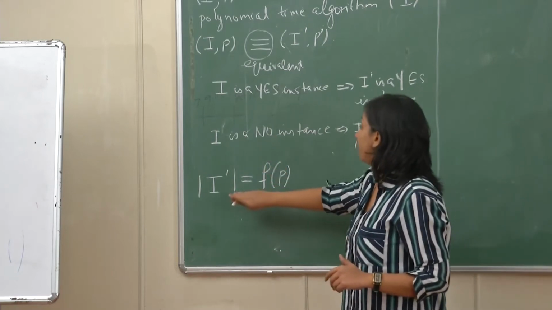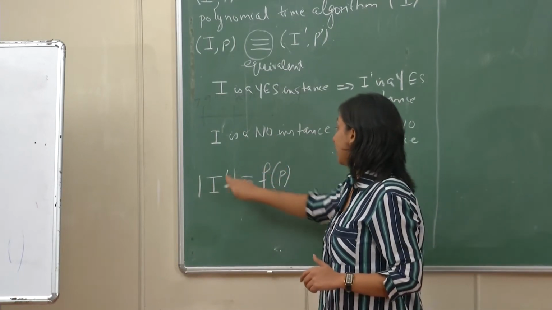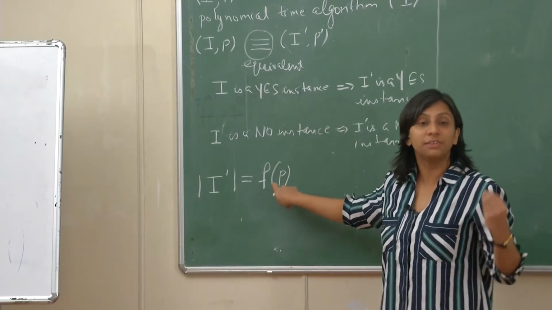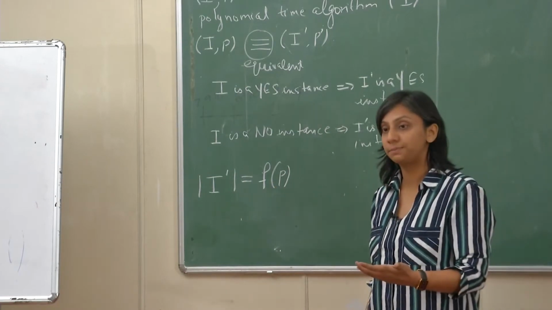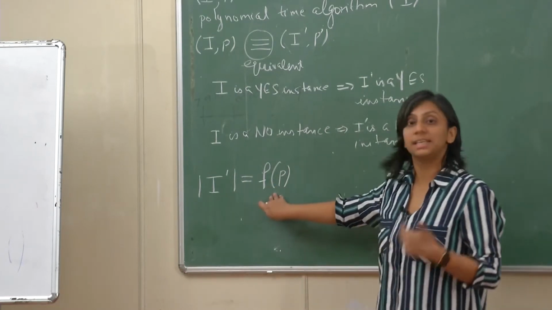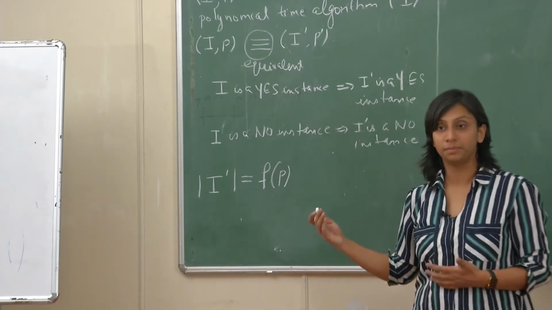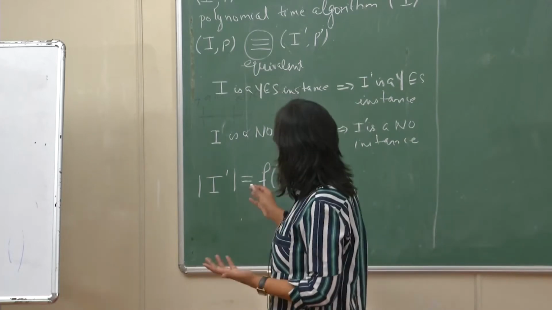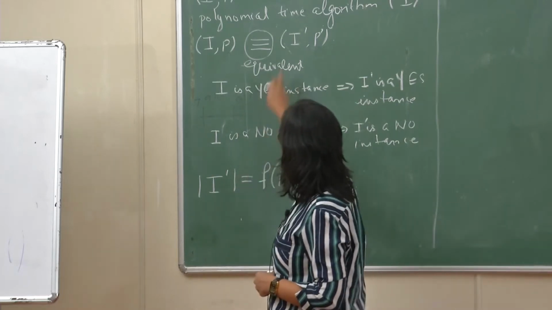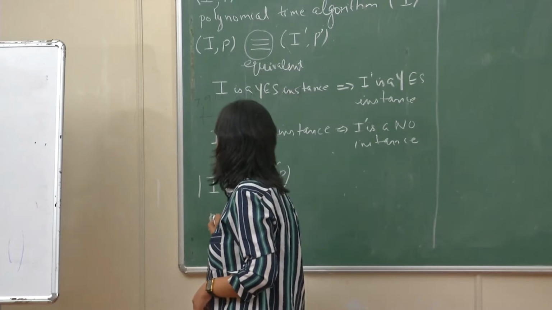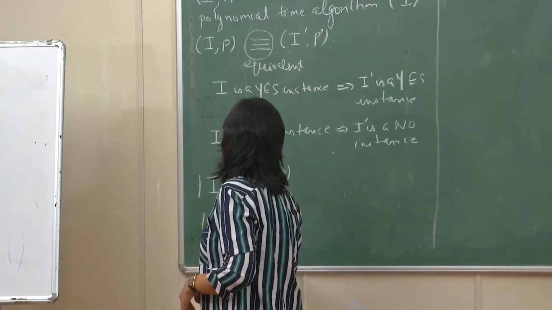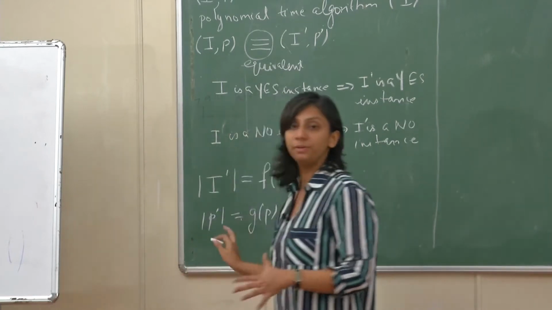So if we are able to get to an instance I prime where f of p is a polynomial function, we say we have a polynomial kernel for this problem. And if this function is an exponential function, we say we have an exponential kernel for this problem. Okay. And also, just for technicalities, we want the size of I prime to be f of p, and we also want p prime should be some function of p, we don't care.